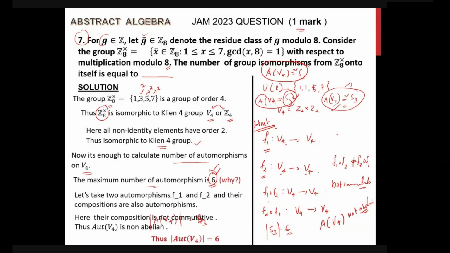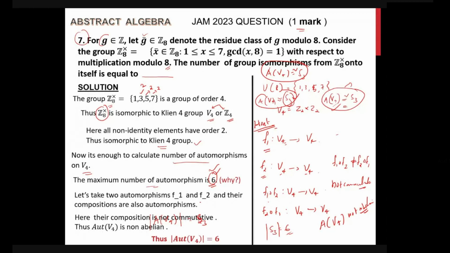And we know that the set of all automorphisms on a group is again a group, and we got 2 automorphisms, and they are not commutative. Therefore the group of automorphisms on V4 is non-abelian.